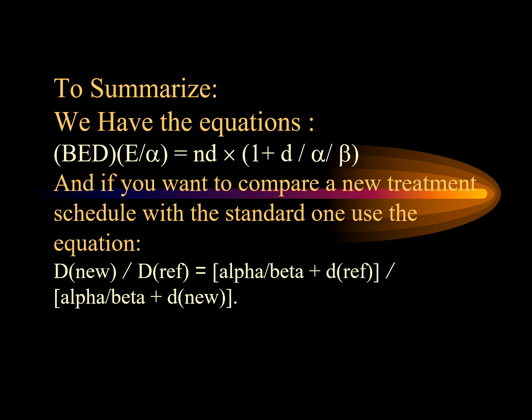Meaning that capital D ref will be equal to 15 times 8 over 5. If you cancel the 5 with the 15, you end up with 24 gray. So the 15 gray in 3 fractions that the patient had by accident equals 24 gray in total.